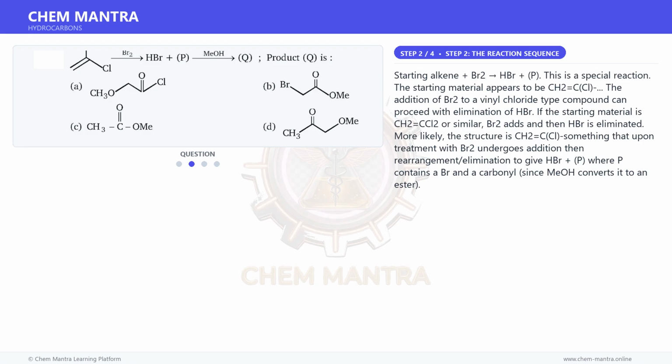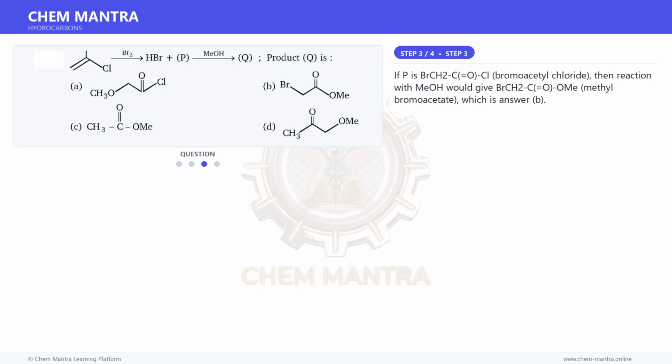If the starting material is CH2=CCl2 or similar, Br2 adds and then HBr is eliminated. More likely, the structure is CH2=C(Cl)-something that upon treatment with Br2 undergoes addition then rearrangement and elimination to give HBr plus P, where P contains a Br and a carbonyl, since MeOH converts it to an ester. Moving on to the next step.